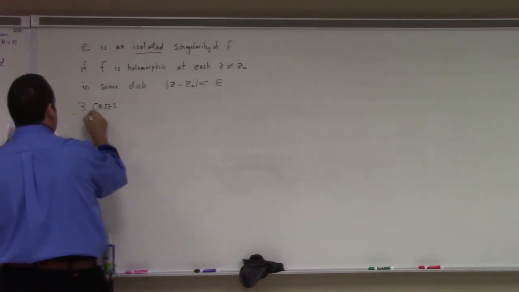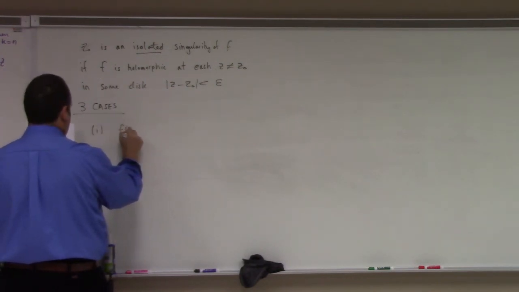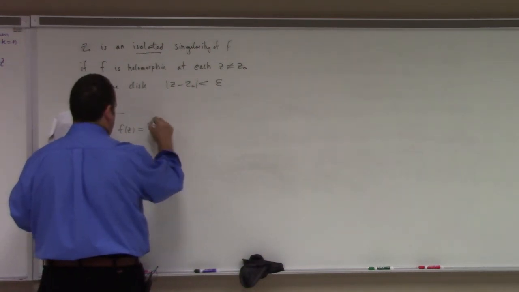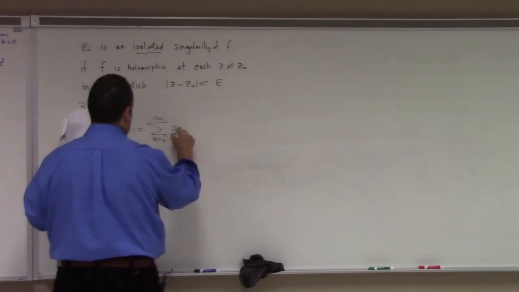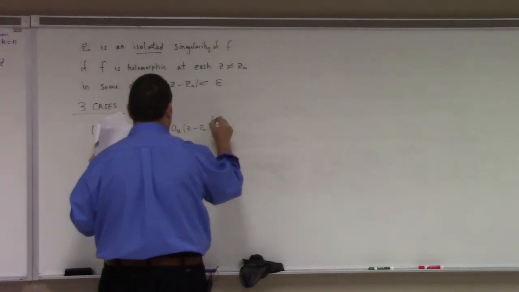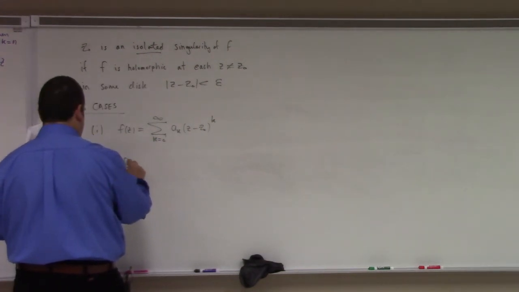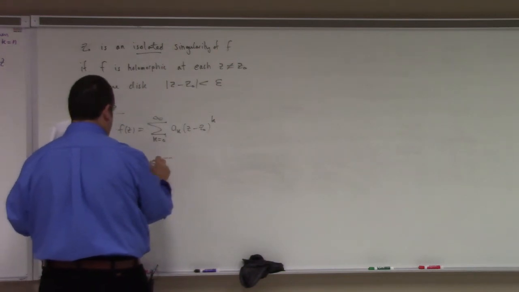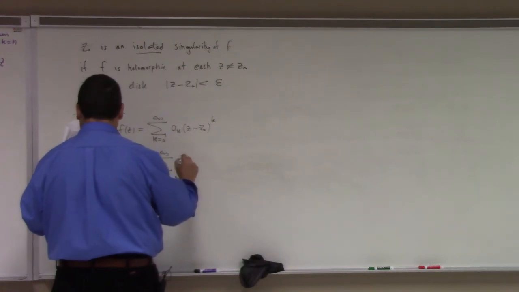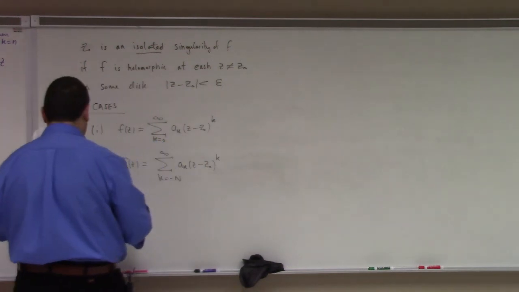What are the three cases? Number one, f of z equals the sum k equals 0 to infinity of a sub k times (z minus z naught) to the k. Number two, f of z equals the sum k equals minus n to infinity of a sub k (z minus z naught) to the k.